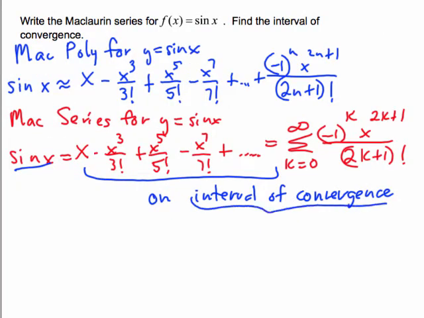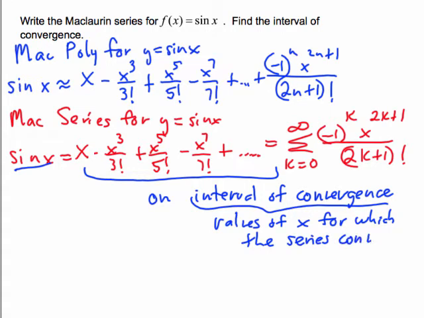And by interval of convergence, we mean the values of x for which the series converges. You'll notice that this infinite series is not a series of constants, and so the convergence of this series will depend on the values of x. So we're saying that this series is equal to sine x on the values of x where the series converges.